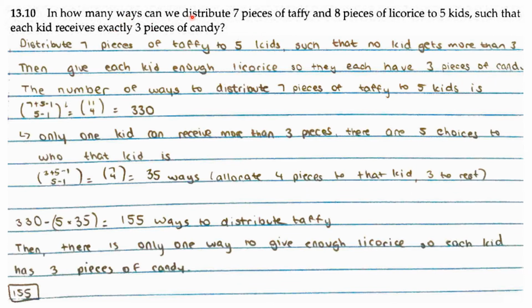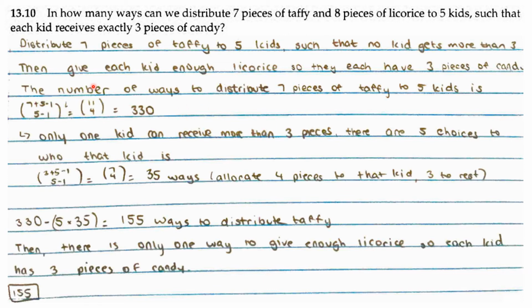The number of ways to distribute 7 pieces of taffy to 5 kids is 7 plus 5 minus 1, choose 5 minus 1, which is equal to 11 choose 4, which is equal to 330.